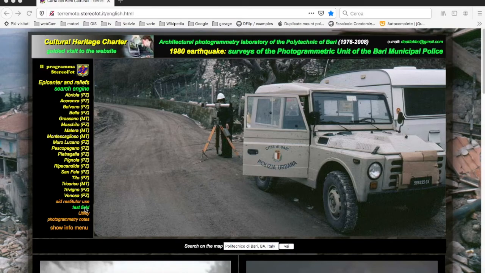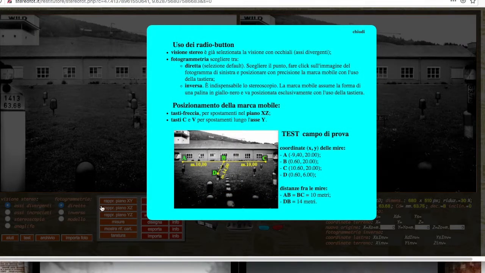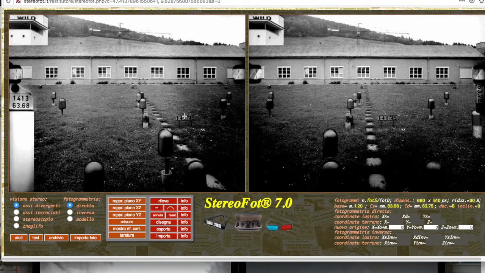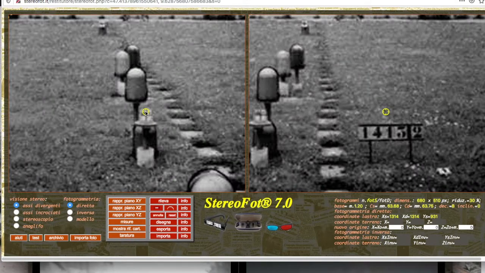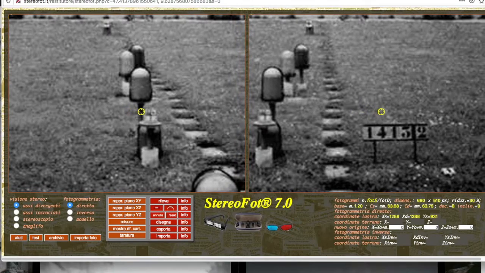To get an idea of the accuracy that you are able to achieve, it is better to try the frames of the test field, where 4 sights were placed, according to the scheme that appears at the opening. Based on the relationship seen, to get the ground coordinates of a point, just bring the mobile brand on the image of the point on the left frame, with the arrow keys, and click.